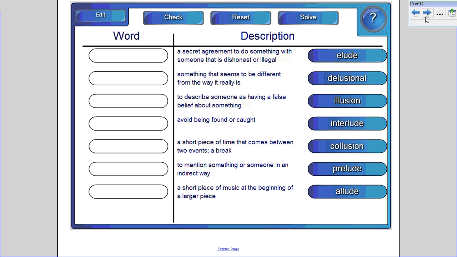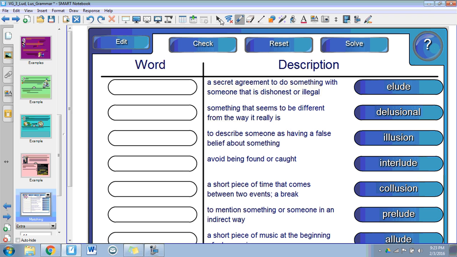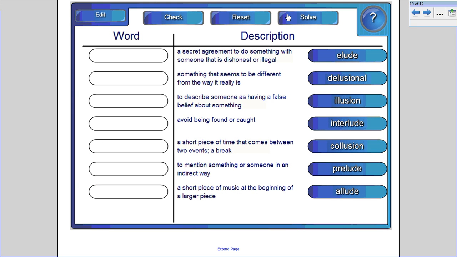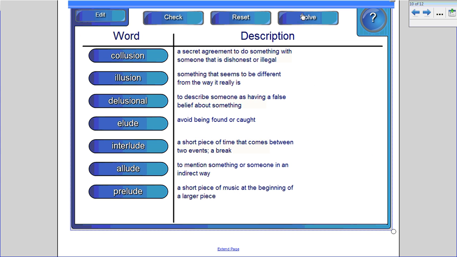So see if you can figure out these words, pause the video until you've done that, and then restart it to check to see if you are correct. All right, so check to see how you did with those definitions.